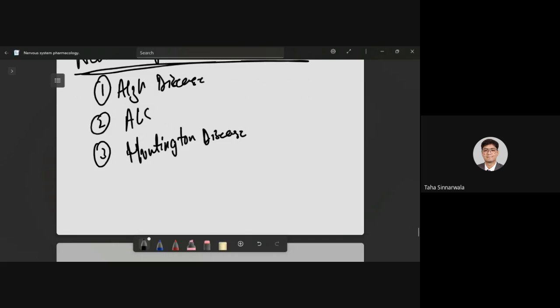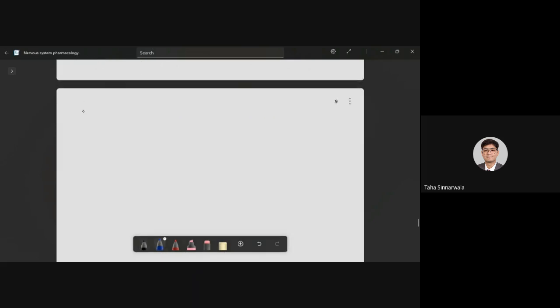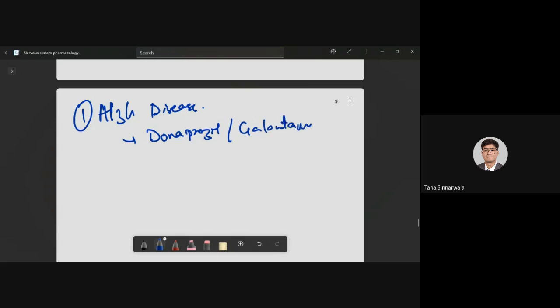For Alzheimer's disease, there are three medications which you 100% need to remember. These are called donepezil, galantamine, and rivastigmine.